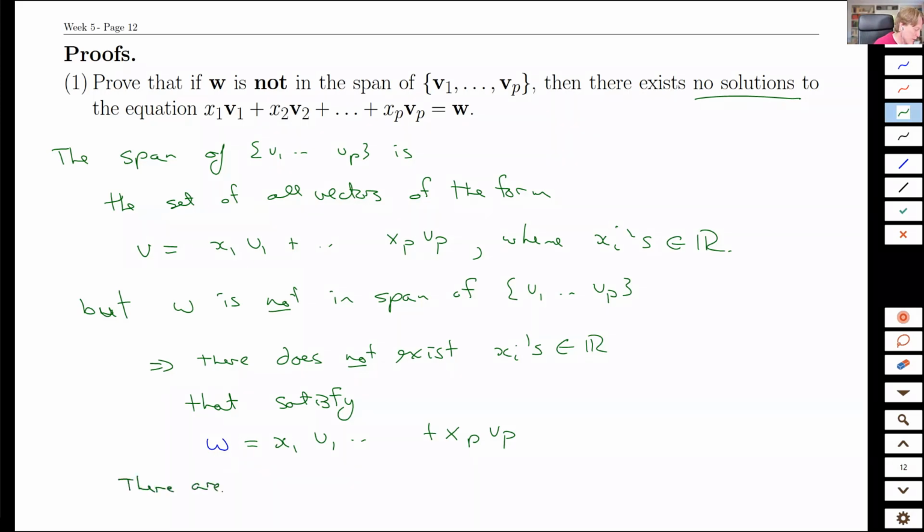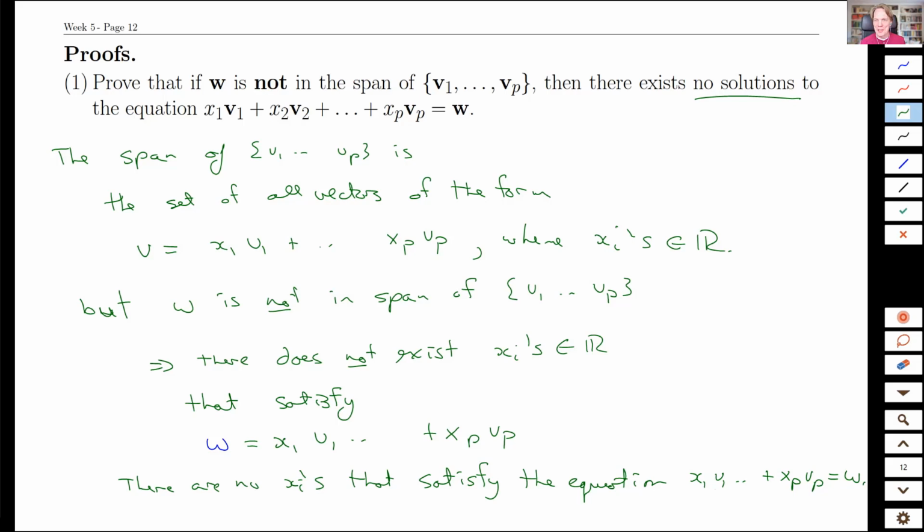There are no xi's that satisfy, when we think of it as an equation, the equation x1 v1 plus xp vp equals w.